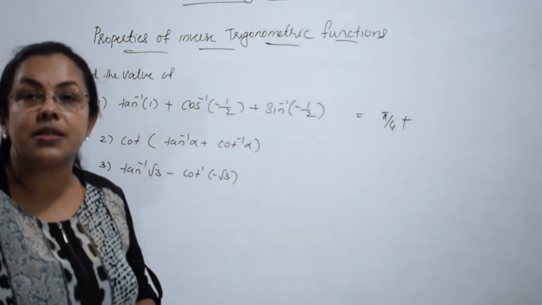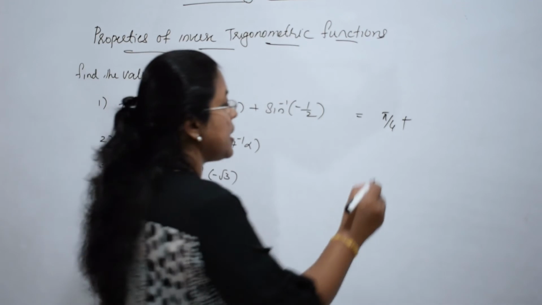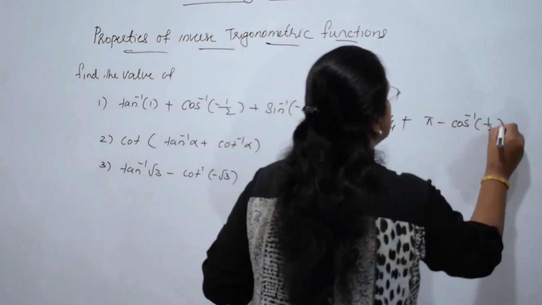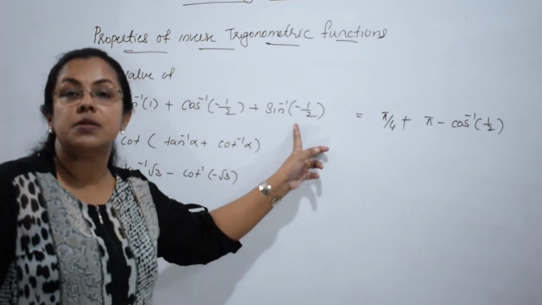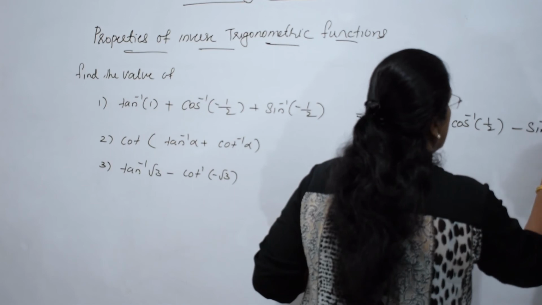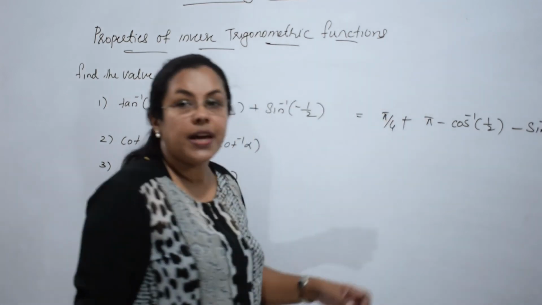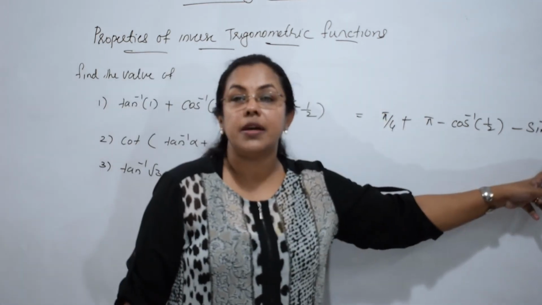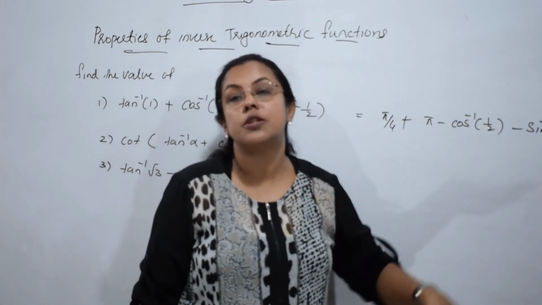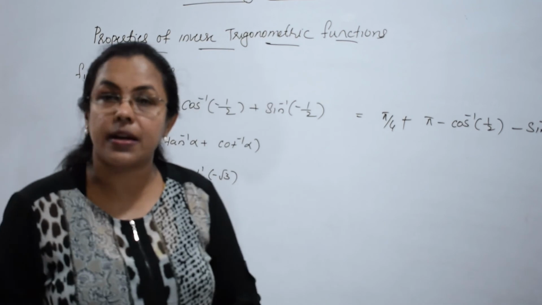Cos inverse minus half is nothing but pi minus cos inverse half, isn't it? And sin inverse minus half is minus sin inverse half. We can take this together. Why? We know cos inverse x plus sin inverse x is equal to pi by 2. We can solve it directly.